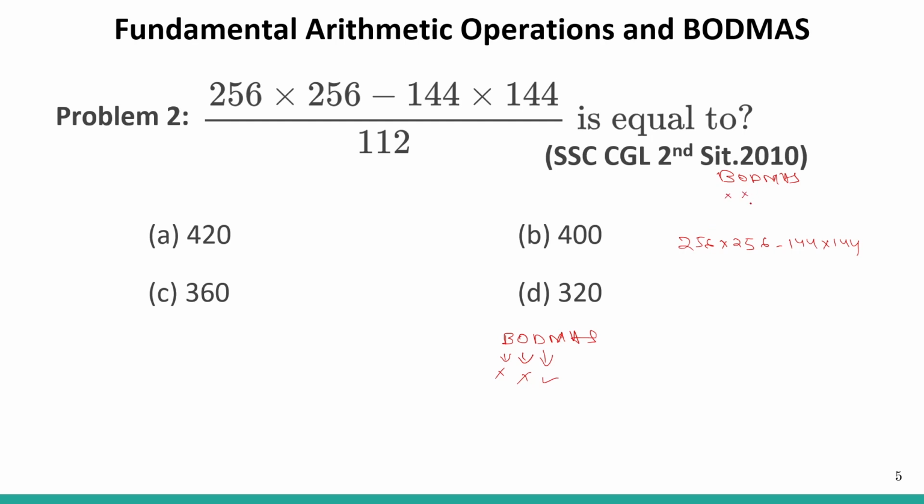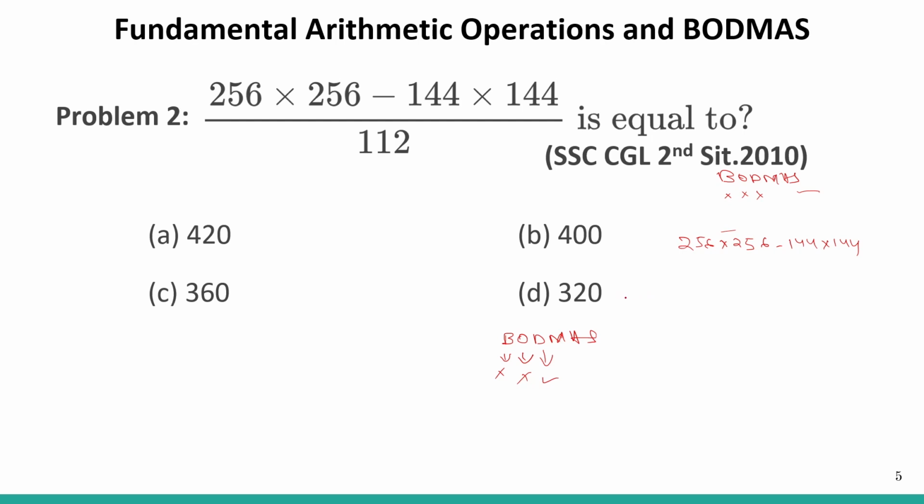No. Any divisions? No. Any multiplications? Yes, you simplify those. Any additions? No, but there are subtractions. But what I can see from here is there is a trick. You can individually multiply and then subtract to get the answer, but we won't follow that path. We'll do a shortcut method.